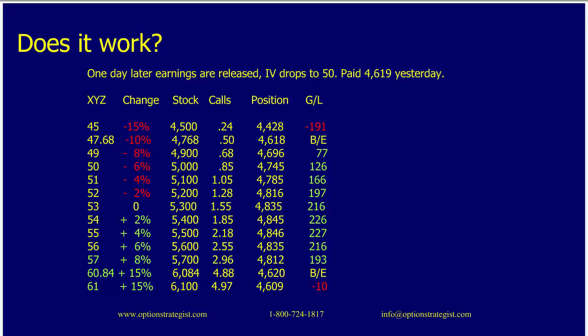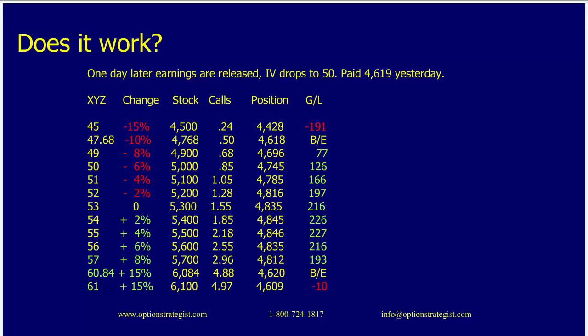Okay. What if the stock goes up? Well, if the stock goes up, take a look. We don't run into trouble until the stock goes up 15%. So the stock could go up all the way up to 15%. 15% would be break even, 60.84, we'll call it, or 61 exactly.